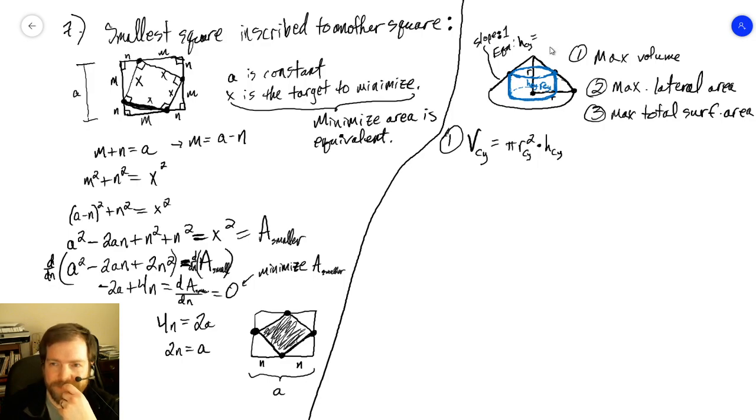I mean, this is y equals x plus 1, but now you have to think about what are y and what are x. So x is going to be the radius of the cylinder.